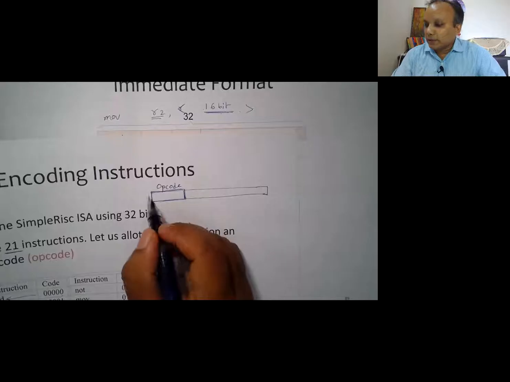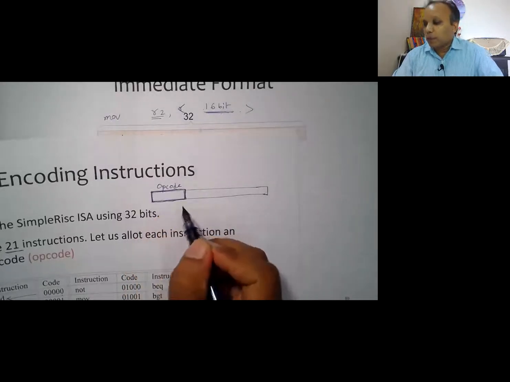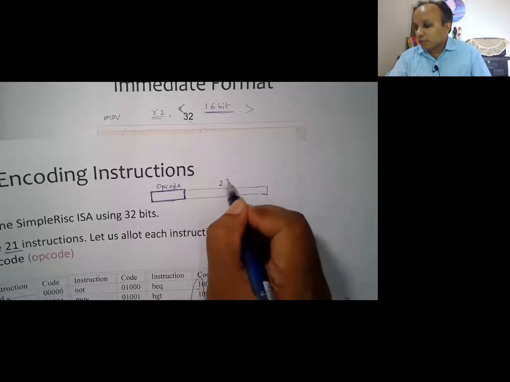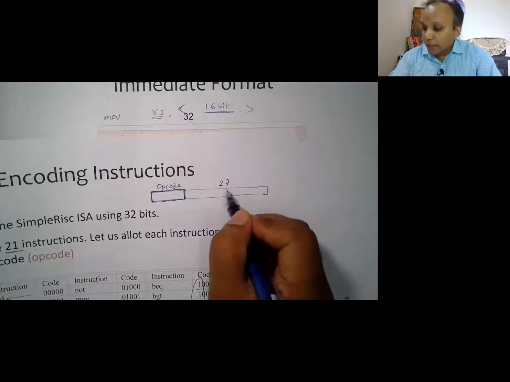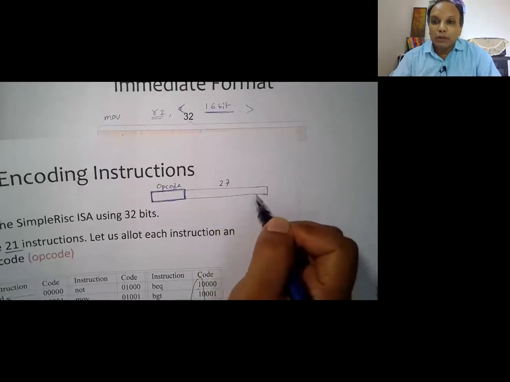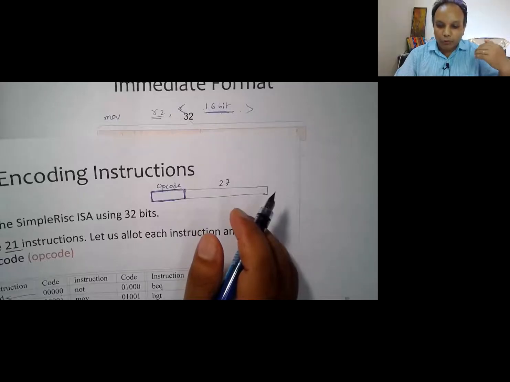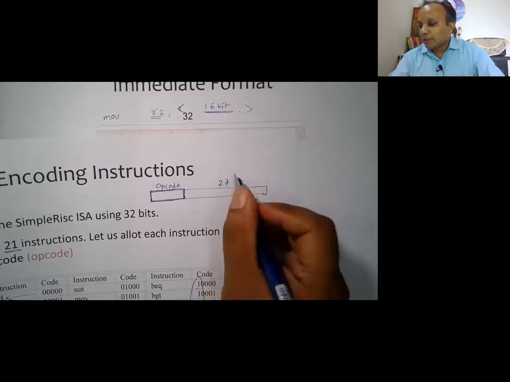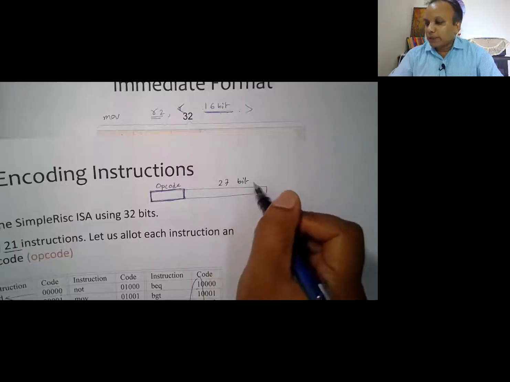In these cases, you have this 5-bit opcode, and then you are left with 27 bits, and those 27 bits can be used for denoting the address where you want to go, right? Generally, these 27 bits will be used for generating the offset.